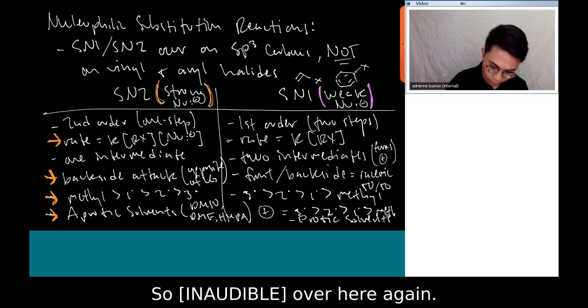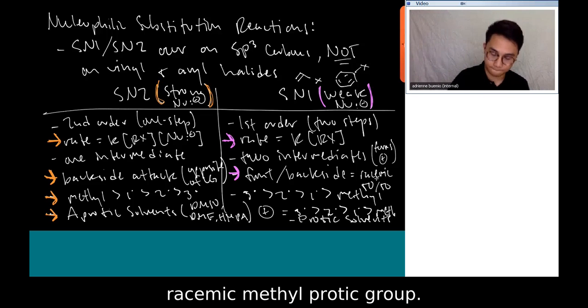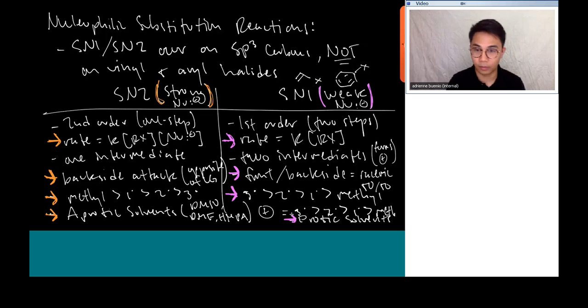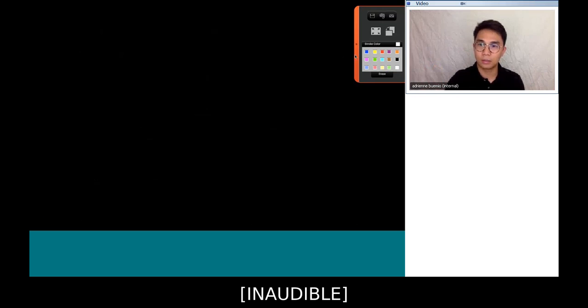So right over here again, this one, racemic mixture, that's the important one. Racemic, methyl. Okay, right. So let's do some examples and see what we got.